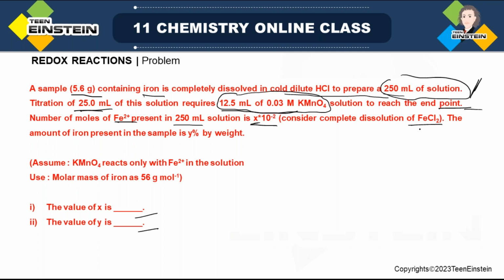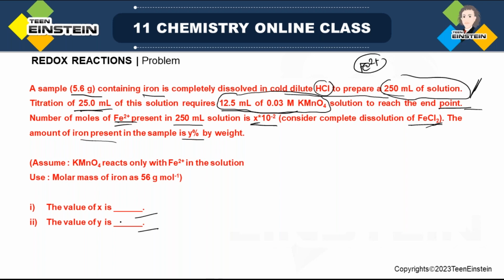FeCl2 is present, because in presence of HCl the iron 2+ will remain in this form, and there is complete dissolution. That means all the FeCl2 is in ionic form, Fe2+ and Cl-. Now the amount of iron present in the sample is Y%. That also we have to find.